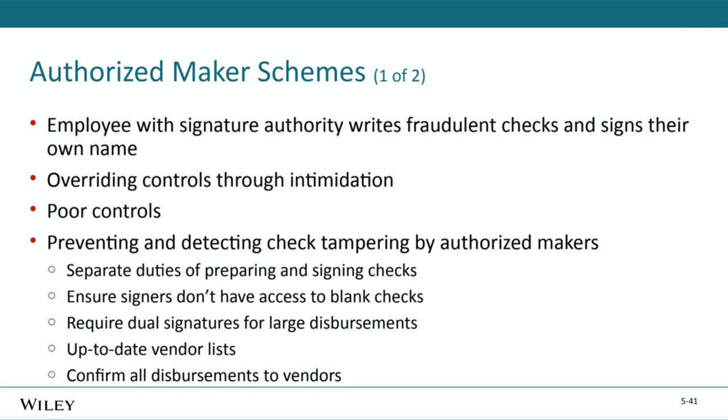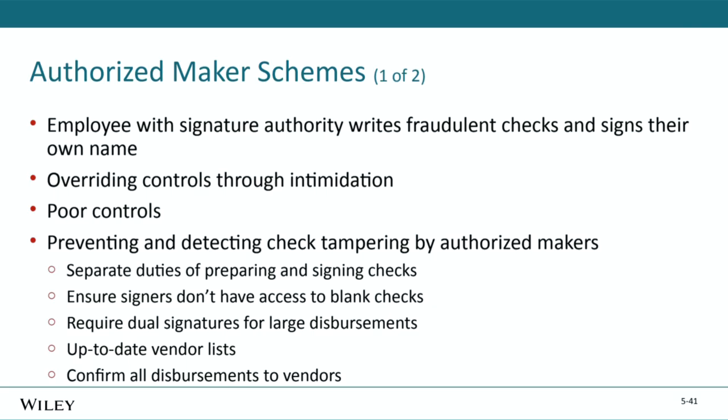Separate the duties of preparing and signing checks, ensure signers don't have access to blank checks, require dual signatures for large disbursements. That is a biggie. But in this case, he would have these checks for the advances just under the amount necessary for 2 signatures.